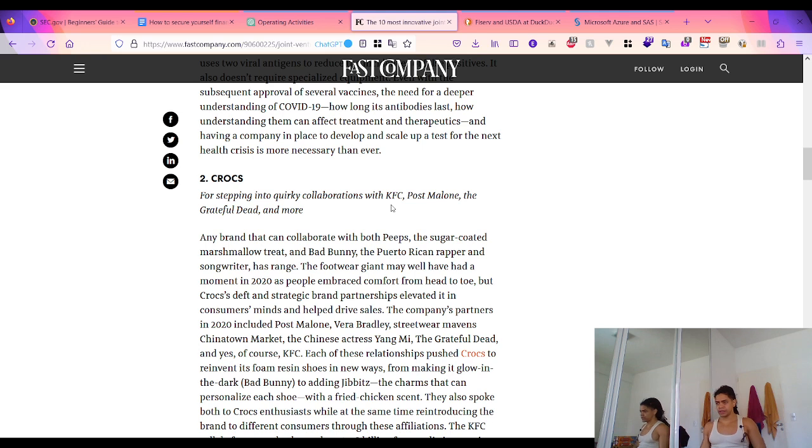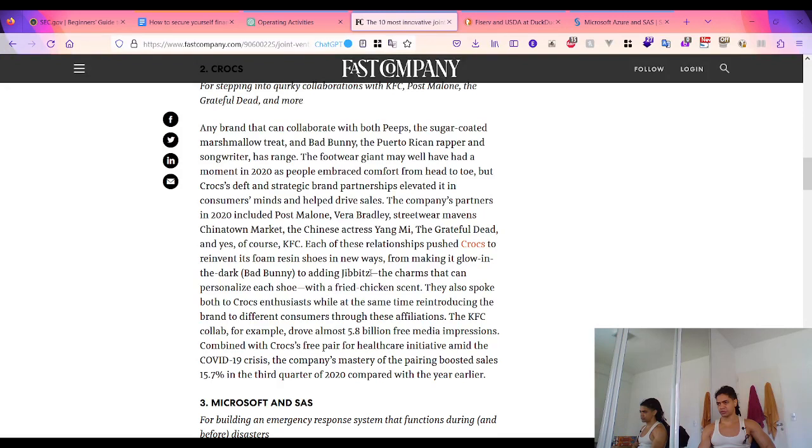The footwear giant may well have a moment in 2020 as people embrace comfort from head to toe, but crowd depth and strategic brand partnerships elevate its consumer mind and help drive sales. The company's partners in 2020 include Post Malone, Vera Bradley, streetwear maven Chinatown Market, the Chinese actress Jan Min, The Grateful Dead, and yes, of course, KFC.